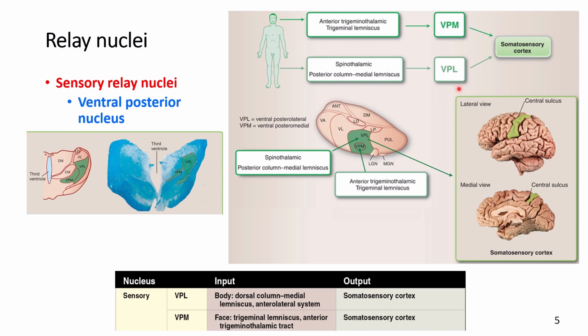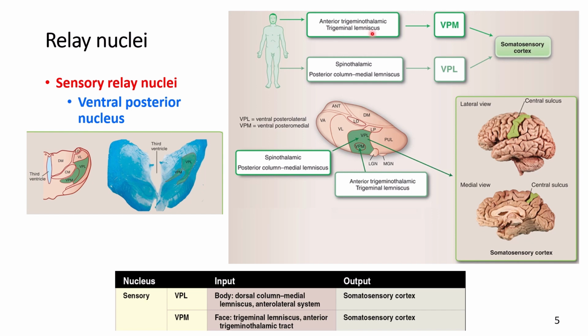So we start from this diagram. There are two different nuclei and they're receiving different information. The VPM is receiving information from the anterior trigeminal thalamic tract, and if you remember, this is part of the trigeminal nerve, and that is receiving pain and temperature information.